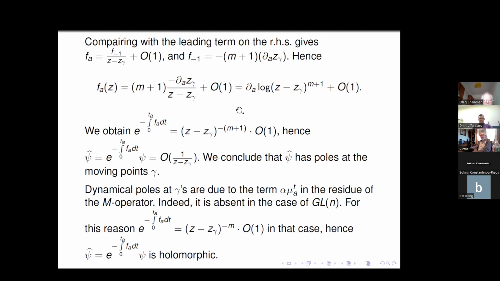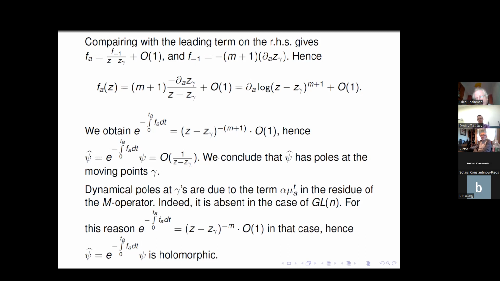We easily do it and obtain z minus z gamma to the power minus m plus 1. Okay, good. And we have that the Baker-Akhiezer function is obliged to have a simple pole at every gamma point.